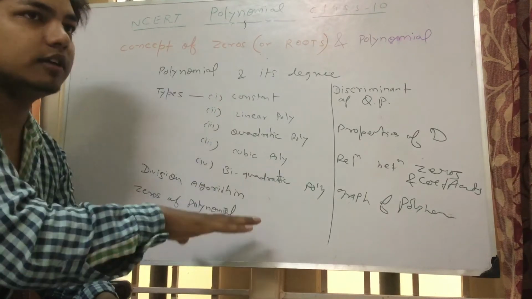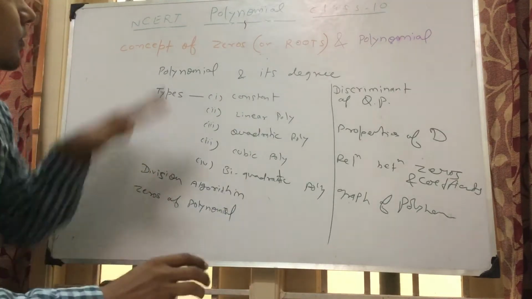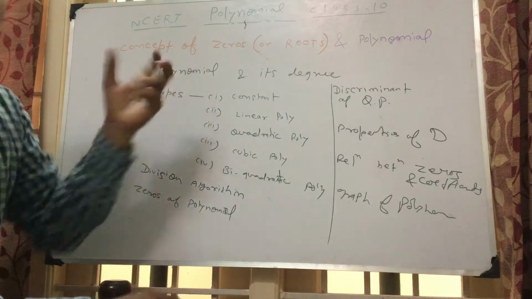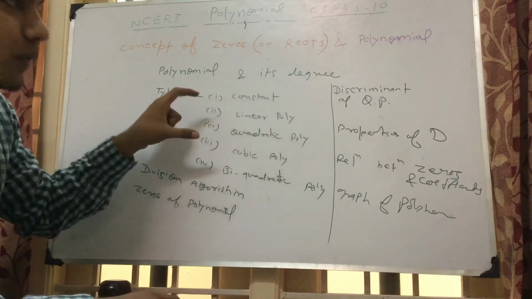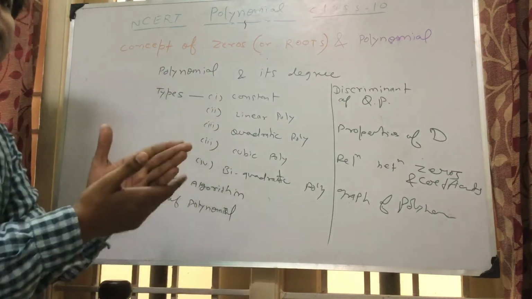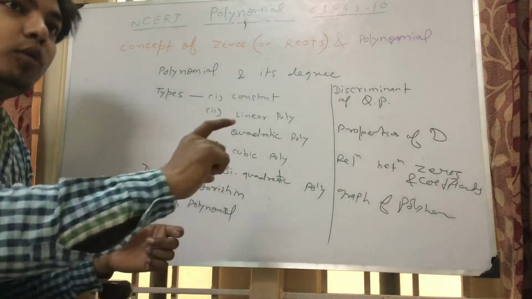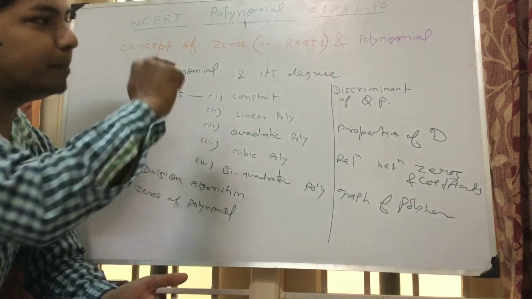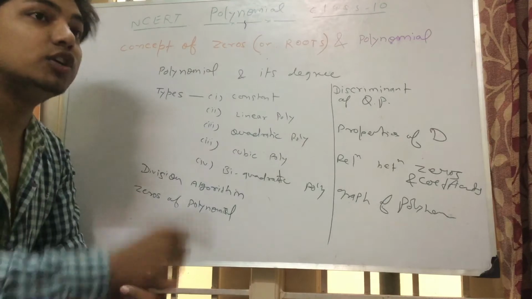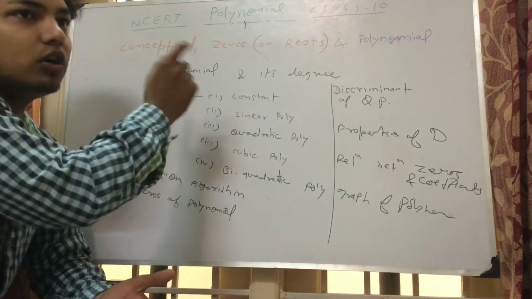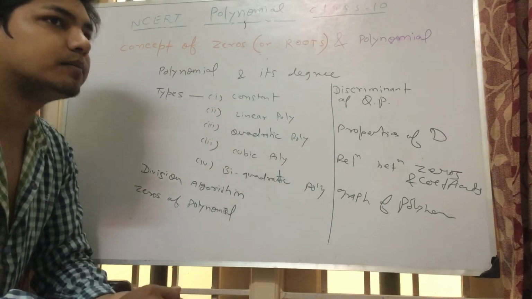Now we discuss everything. First thing, how to decide what is a polynomial. Any mathematical equation which is written can be a polynomial or cannot be a polynomial. But how to decide it is a polynomial? We have some technique. First thing, the power of each term should be non-negative.